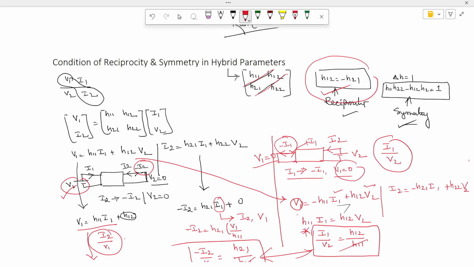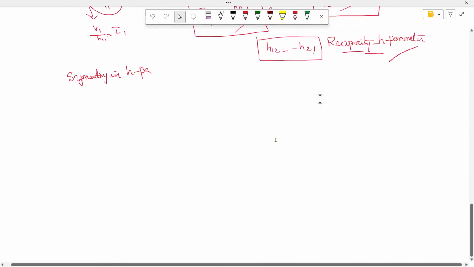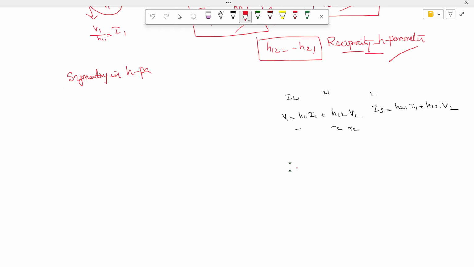Let's try to copy our basic equations. The procedure we are employing here is we require the values of Z11. We have V1 is equal to Z11 I1 plus Z12 I2.